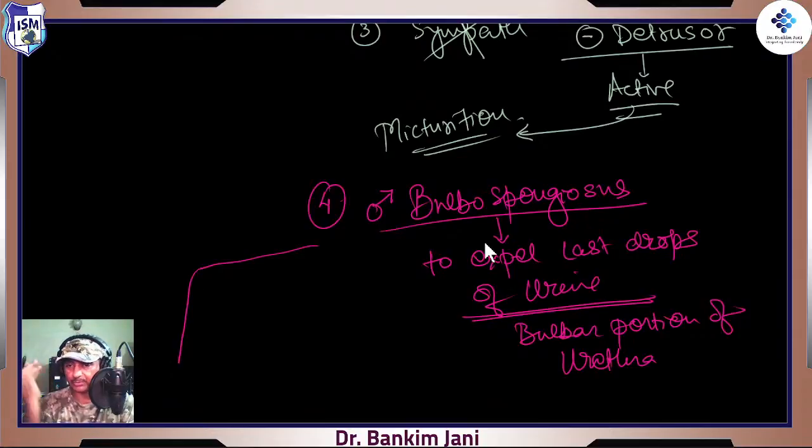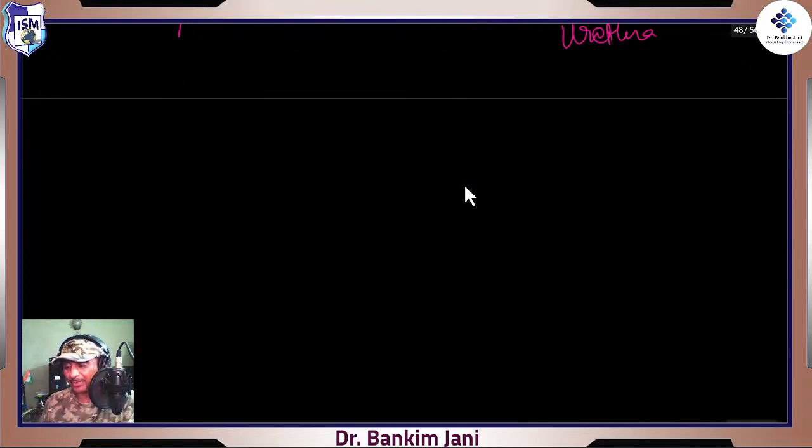It's a narrow slit, so immediately it will be emptied. But some urine should not be getting collected over here. So that bulbospongiosus will contract, right? And it will push these last drops and it would be emptied. Imagine how sophisticated the entire system is, right? How technically sound everything is.